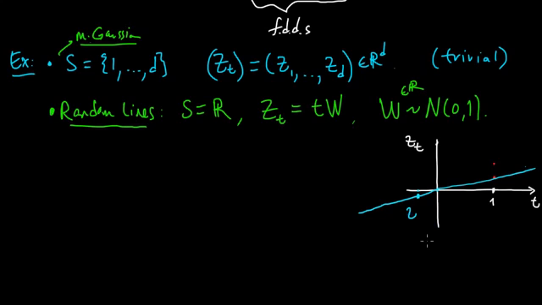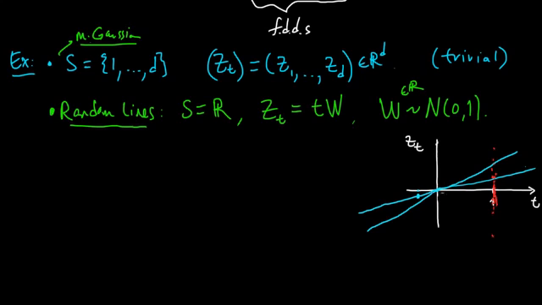Okay, so now if we were to draw a bunch of other values of W, so maybe we got that one, then we would get the line that goes through 0 and that point, and if we had a whole bunch of others, they're going to be normally distributed, so they're going to look something like this. Normally distributed, because W is a standard normal.